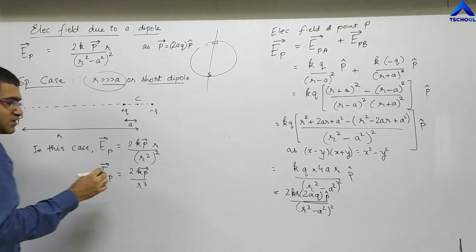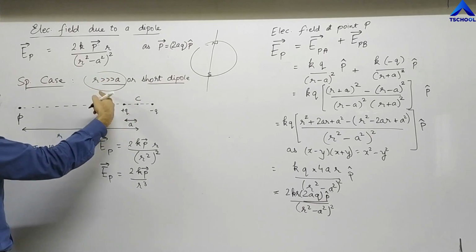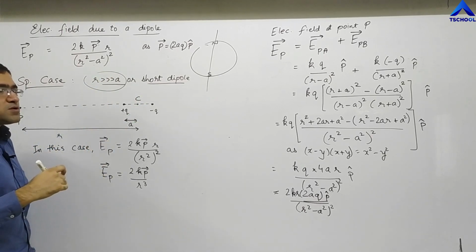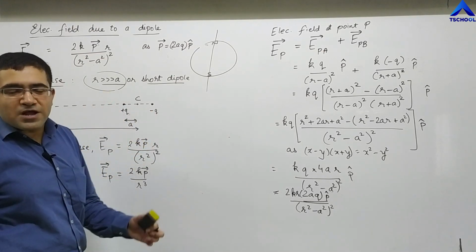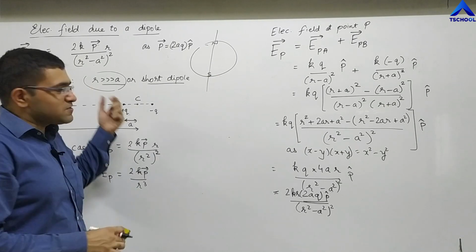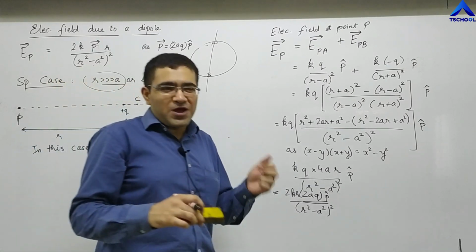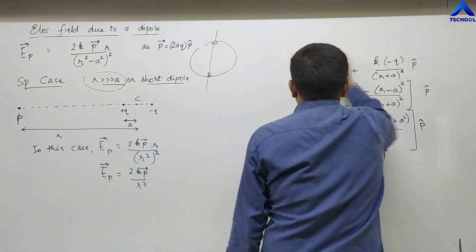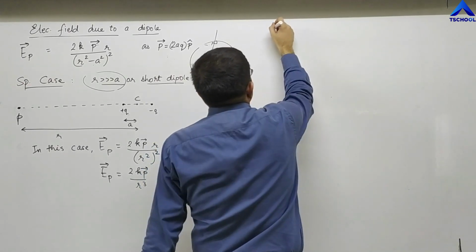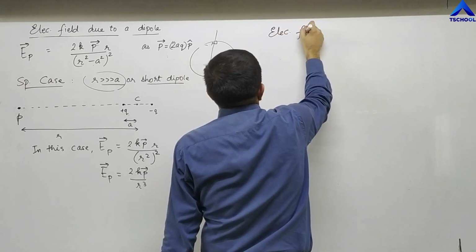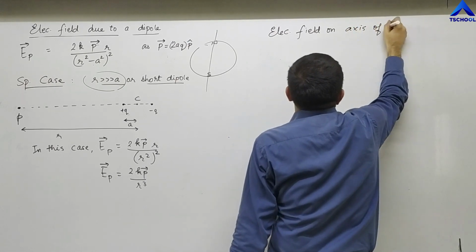So this is what you get in the special case of a short dipole, or when this distance is very big compared to the length of the dipole. Okay, so now let's write both of these formulas again so that you would be able to remember them very clearly. Field on axis of dipole.